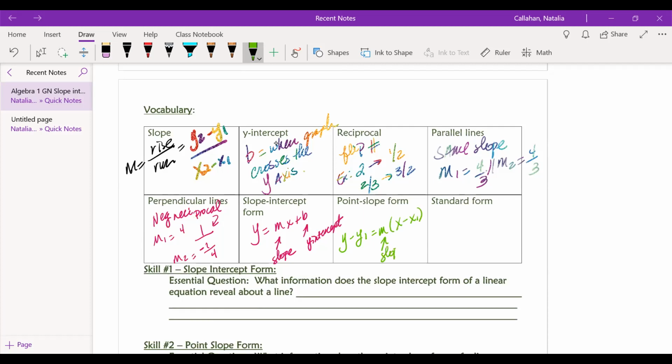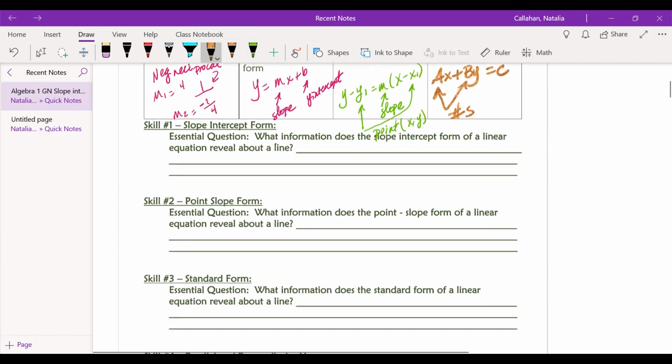The m is your slope, and x1, y1 are your points. Next one is standard form. Standard form is ax plus by equals c, where a and b are numbers.